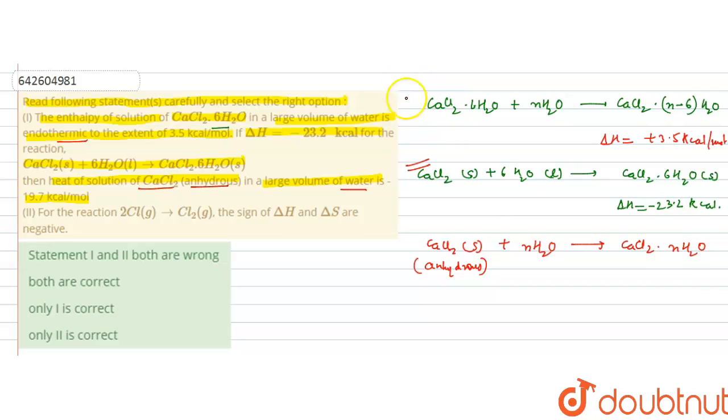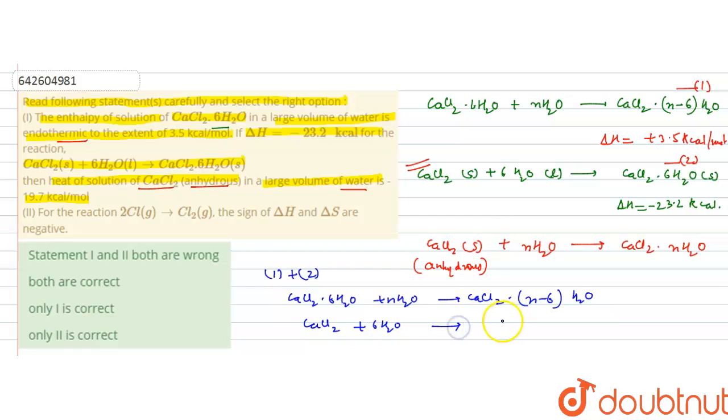Now if we see the first reaction and the second reaction, let us name them 1 and 2, and add these two reactions. We write 1 plus 2: CaCl2.6H2O plus nH2O gives CaCl2.(n minus 6)H2O, and CaCl2 plus 6H2O forms CaCl2.6H2O.